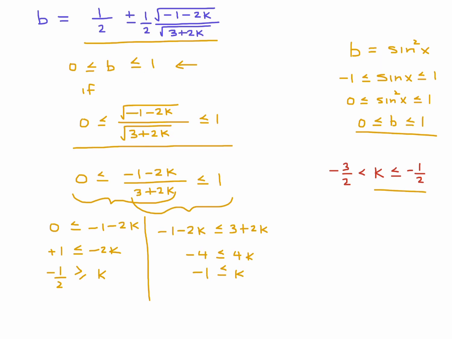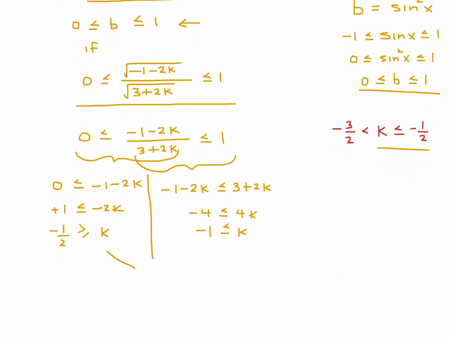All right, so if you combine these two together, that means k is less than or equal to minus a half, but greater than or equal to minus 1.